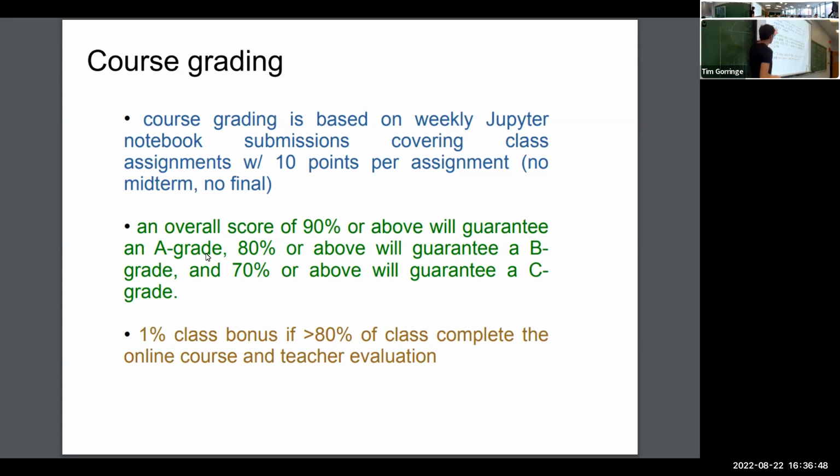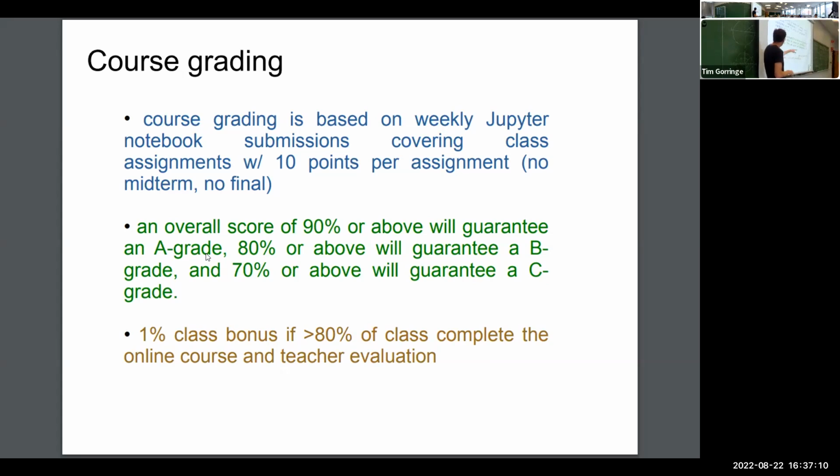Your entire grade will be based on these weekly assignments and these Jupyter Notebooks. They're all just worth 10 points. Typically I'm collecting 2 assignments per week. I think this week there's 3.